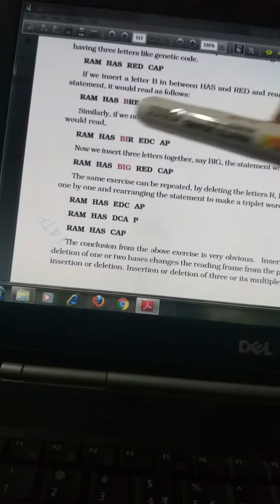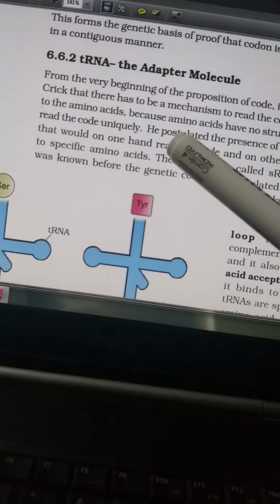This was postulated by Francis Crick, that there has to be a mechanism to read the codon, and this basically happens within the ribosome of a cell, and also to link it to the amino acid. Every mRNA sequence has to code for an amino acid.